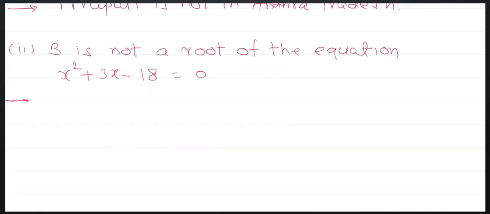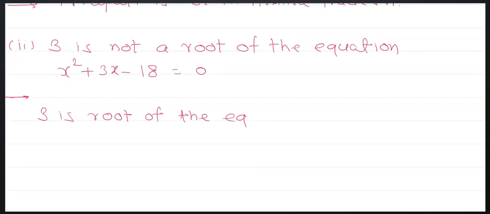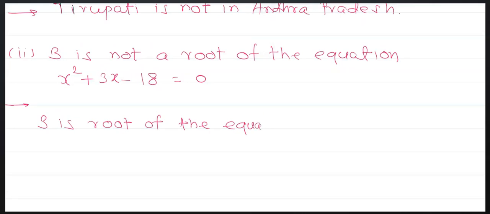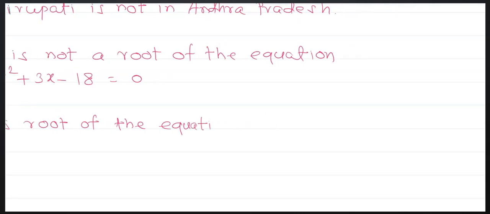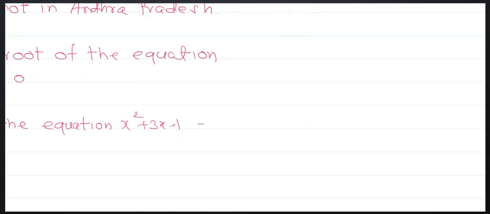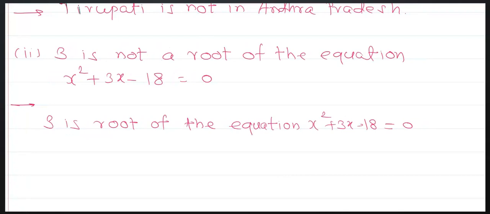Its negation is 3 is a root of the equation x square plus 3x minus 18 equals 0.